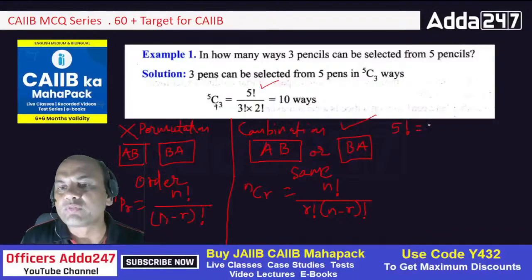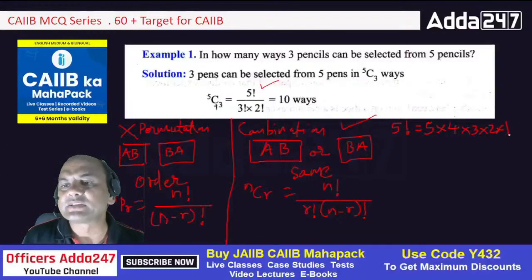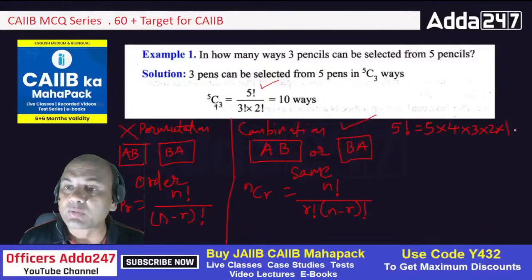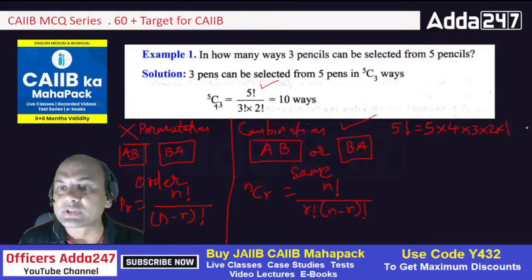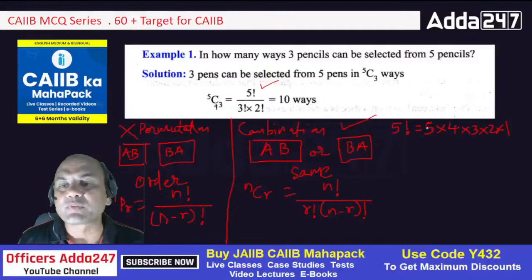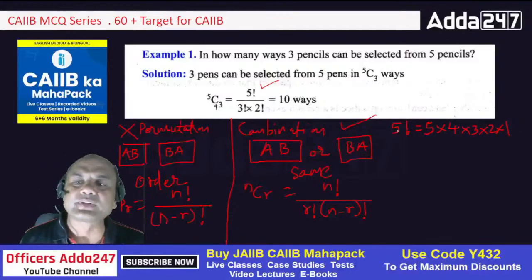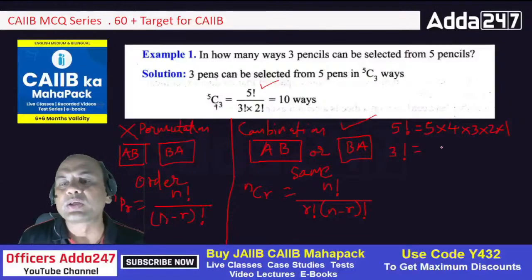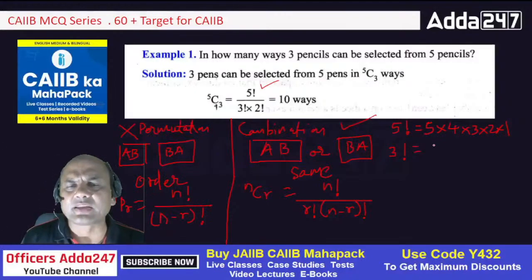It means 5 into 4 into 3 into 2 into 1, starting from that number up to 1, all the numbers which I multiply. Only remember, don't multiply with 0, don't go up to 0, because all the answers will be 0 then. Now if I ask you 3 factorial, who can give me the answer immediately? So easy it is.